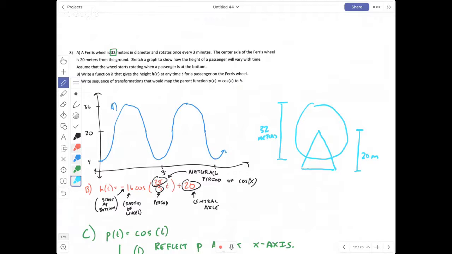That means the radius must be 16 meters, half that diameter. And that means that the whole distance off the ground has to be 36 meters.